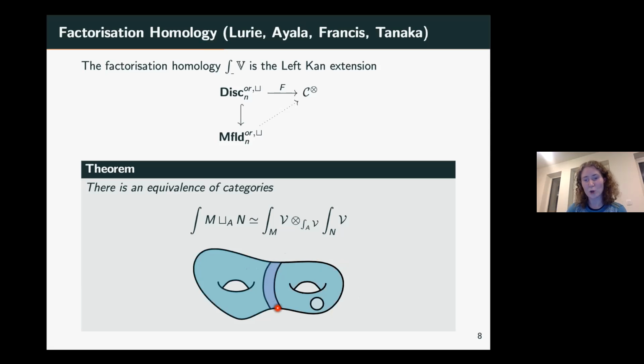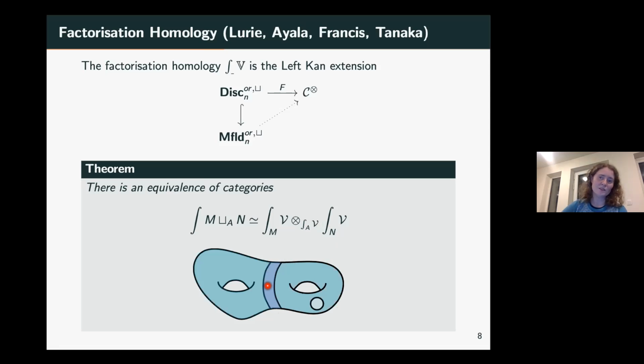So if you have such a collar gluing of two surfaces, you can obviously topologically glue them together. And the factorization homology of this topological gluing is equivalent to the relative tensor product of the factorization homology of M and the factorization homology of N, relative to the factorization homology of this little middle band here.